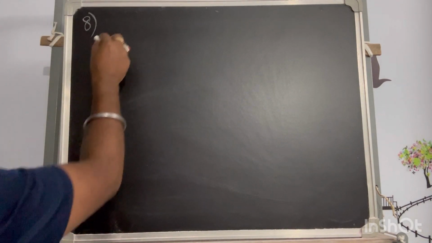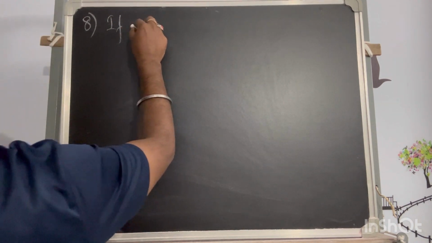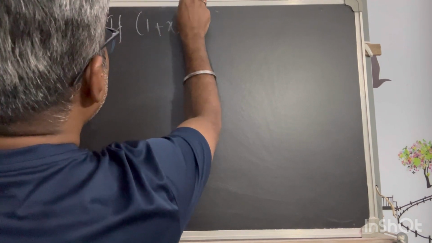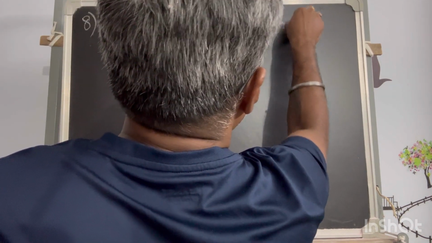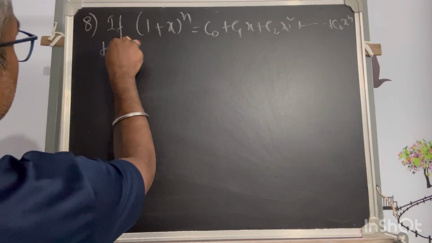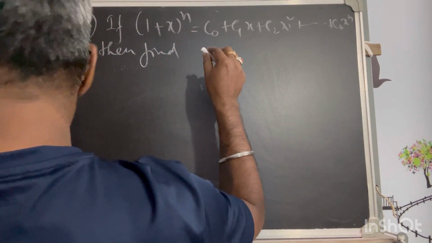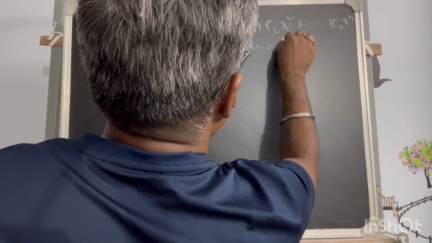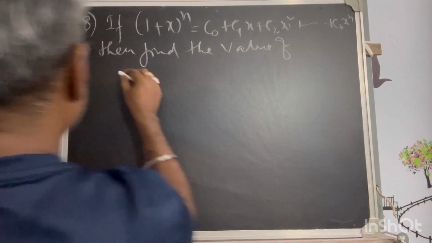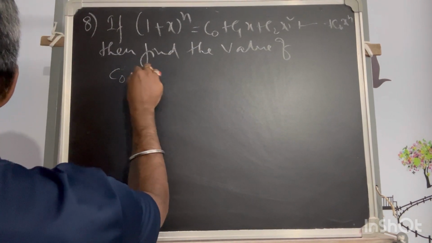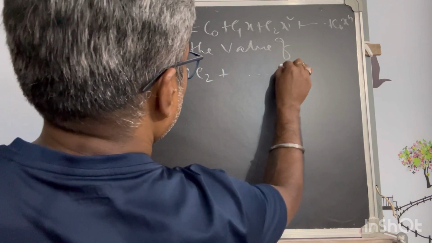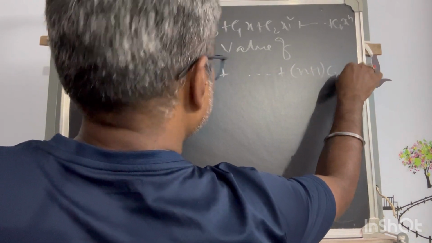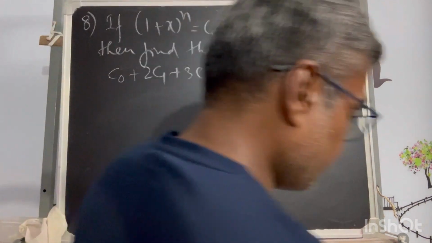If 1 plus x whole to the power n has the series c0 plus c1x plus c2x square plus dot dot dot cn x to the power n, then find the value of one expression that is given: c0 plus 2c1 plus 3c2 plus dot dot dot plus n plus 1 cn. So you have to find the sum of this series.